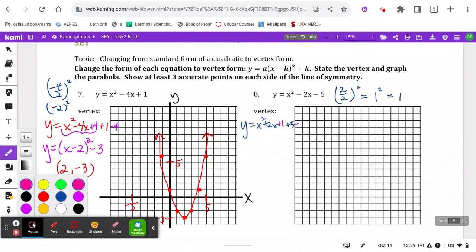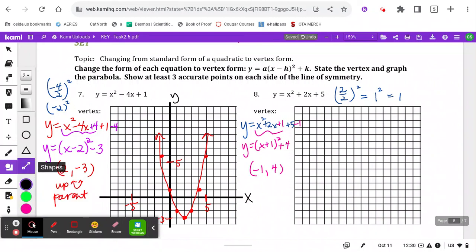Add 1 and subtract 1. This is the x plus 1 squared perfect. 5 minus 1 is 4. And then my vertex is negative 1, 4.